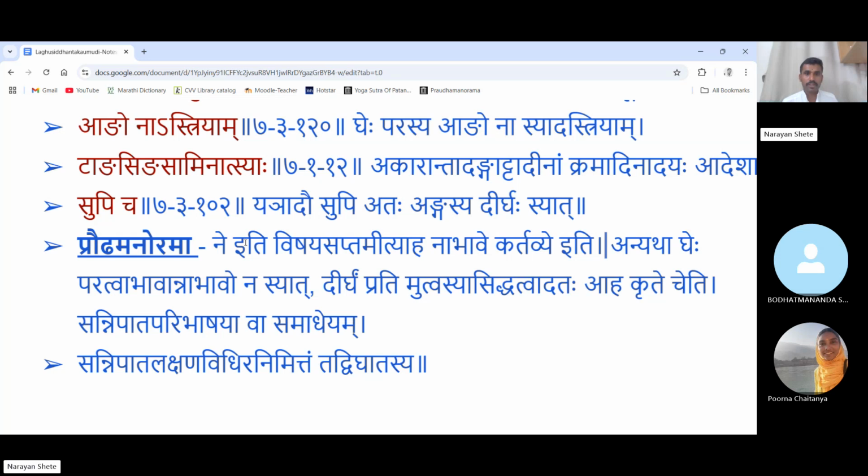This is Praudhamanorama Bhattoji Dikshit saying, Anyatha ghehe paratva abhavat na bhavah na syat.